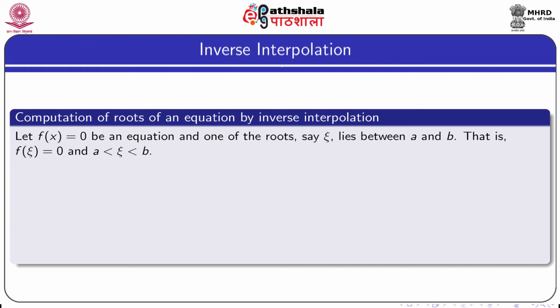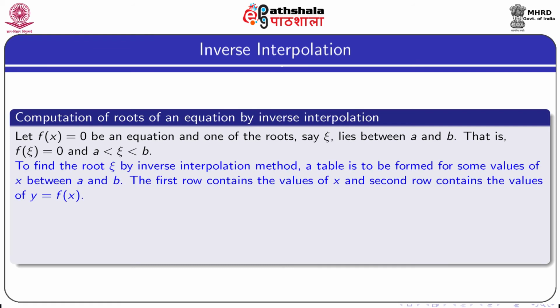Let f(x) equal to 0 be an equation and one of the roots, say xi, lies between a and b. That is f(xi) equal to 0 and a less than xi less than b. To find the root by the inverse interpolation method, a table is to be constructed for some values of x between a and b.